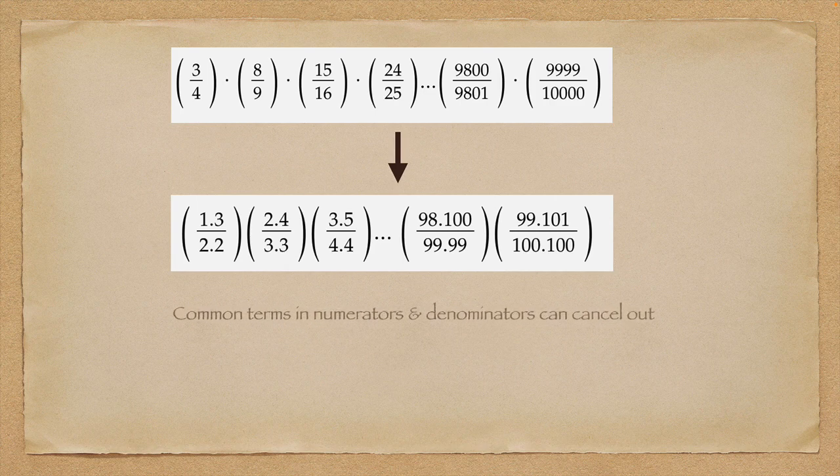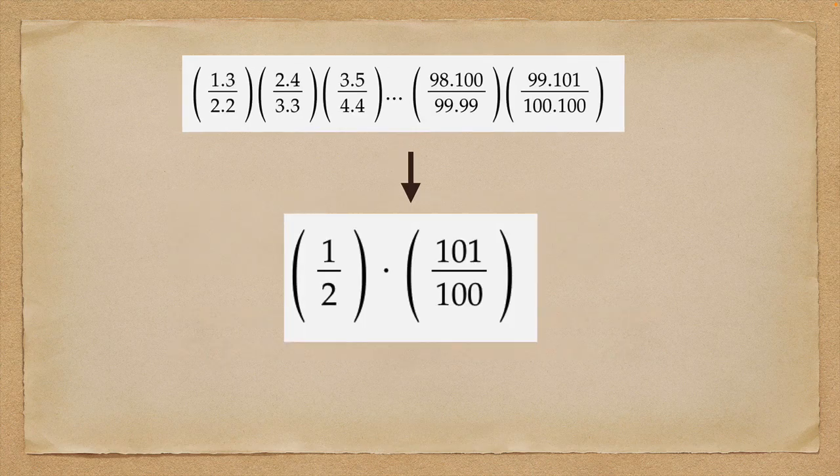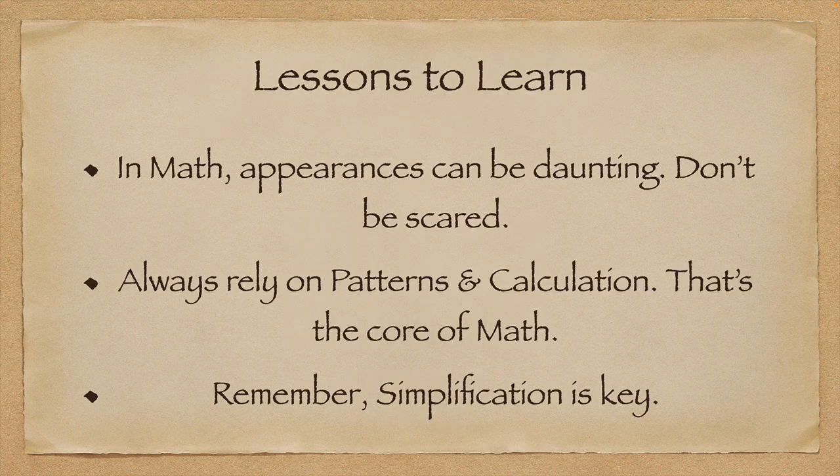Because 2 doesn't have a previous term and 100 doesn't have a successive term, which is needed for you to cancel it out. And therefore, the entire complicated series simplifies into 1 by 2 times 101 by 100, and therefore the answer is 101 by 2. Or if you make that into a decimal, it's 0.5050.